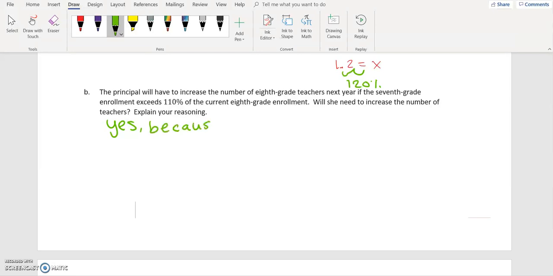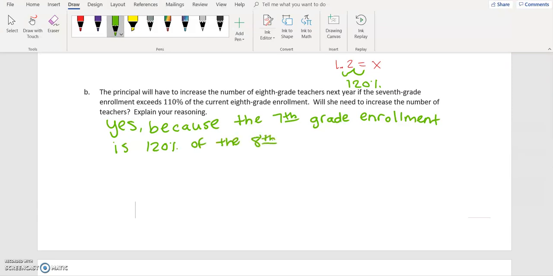Because the 7th grade enrollment is 120% of the 8th grade, which is 10% more than 110%.